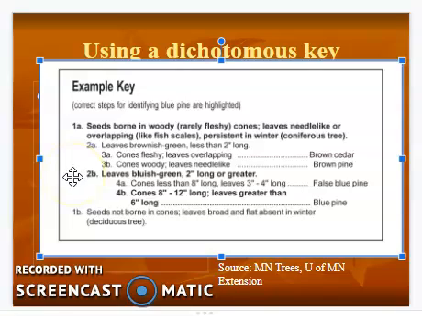Then I would go down to 4A and 4B. Are the cones less than 8 inches long, or are the cones 8 to 12 inches long? Let's say that 4B is correct. If 4B is the correct identifying factor, I have a blue pine. That's the way you're going to use the dichotomous key that I'll show you in a little bit.